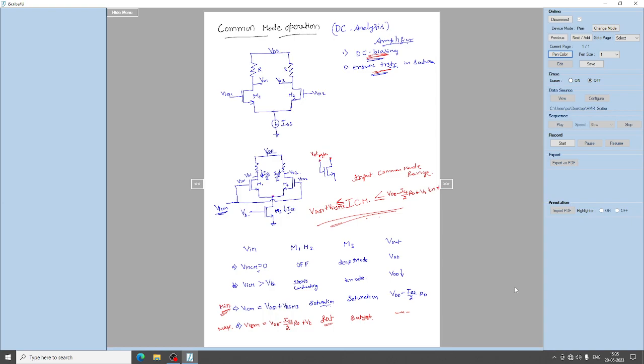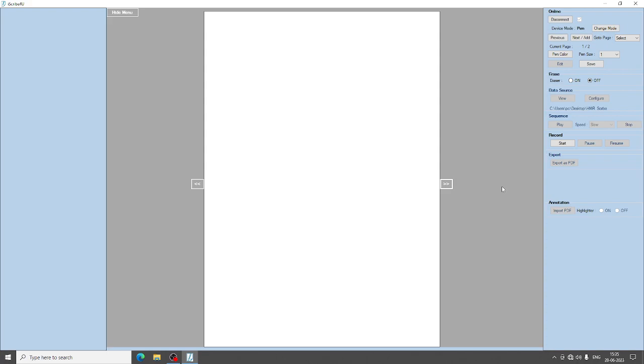So this is the maximum and minimum DC value you can give as an input for the differential amplifier. That means you are biasing it to ensure the transistors M1 and M2 are in the saturation region, right. So this is about the DC analysis or the common mode operation, right.